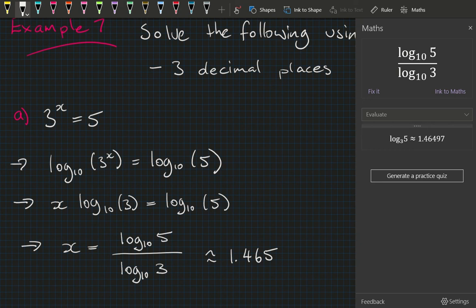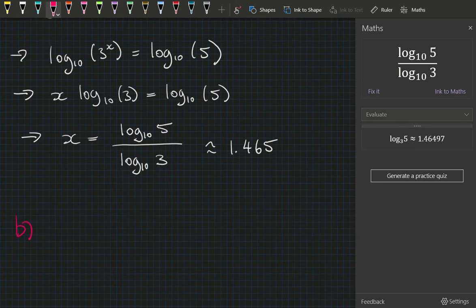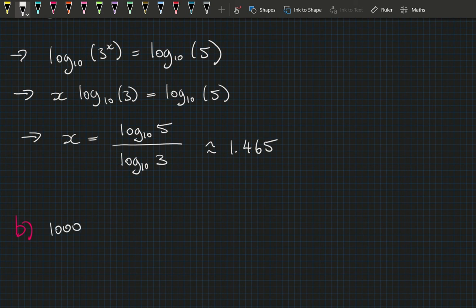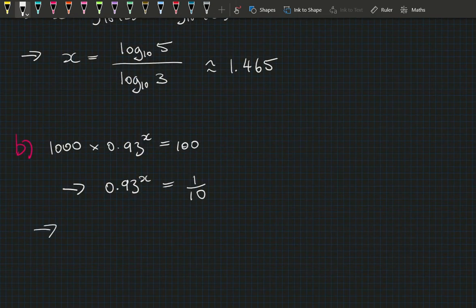All right, let's have a go at part B, where we have 1,000 times 0.93 to the x equals 100. Here the first step is to divide both sides by 100. So we've got 0.93 to the x equals 1/10. And now I'm going to apply log base 10 to both sides.